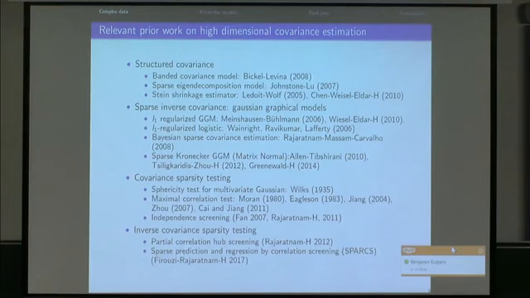And sparse inverse covariance models, where you model the inverse covariance instead of the covariance itself, which are also called Gaussian graphical models under this framework where we're assuming that the samples come from a Gaussian multivariate distribution. You can have sparse models such as a Kronecker Gaussian graphical model, matrix normal model, sparsity testing, where you're not looking to estimate the covariance, but rather to detect where the sparsity occurs in that covariance. Inverse covariance sparsity testing, where you're testing for the same thing but in the inverse.